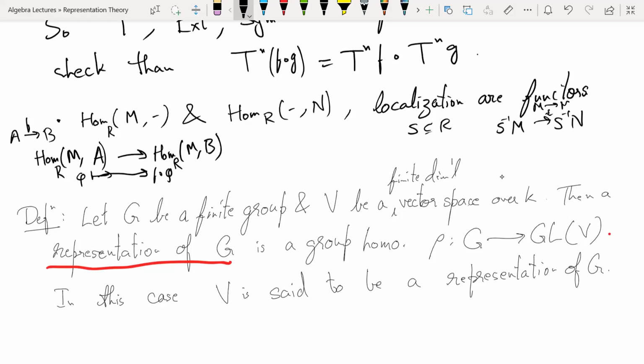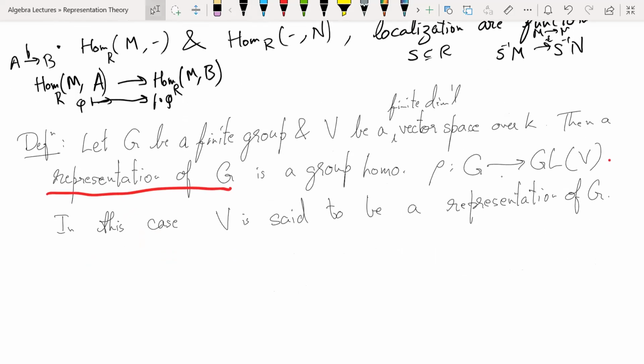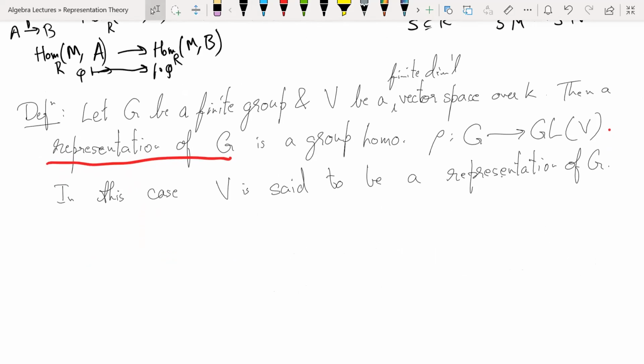Okay, so we will decode this. So what happens is there's an action of G on V. We'll write it a little more explicitly what is happening here.